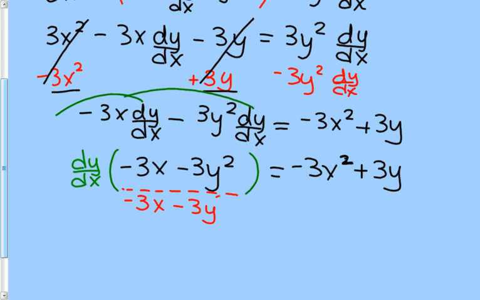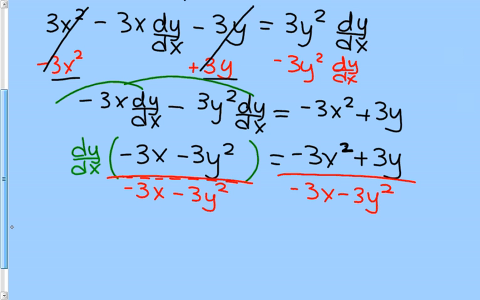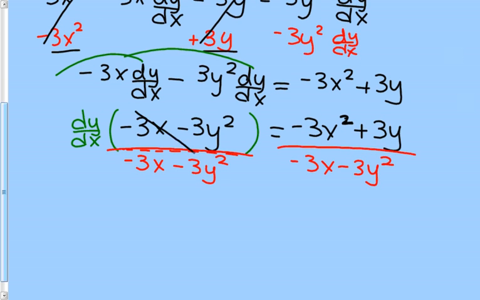So I'm going to divide this on this side, and I'm going to divide it on the other side. Great. So essentially that cancels out. And what I now have is dy dx totally and completely by itself equals all of this.